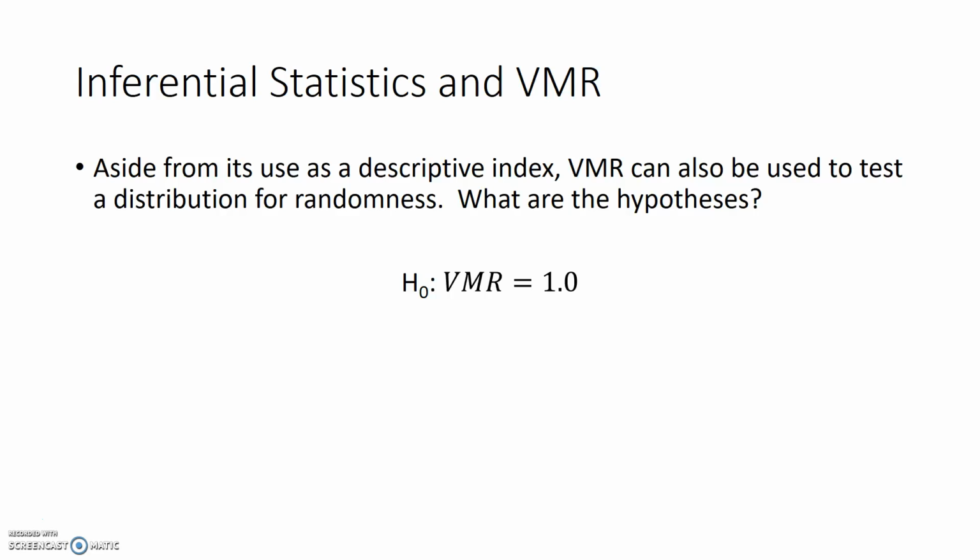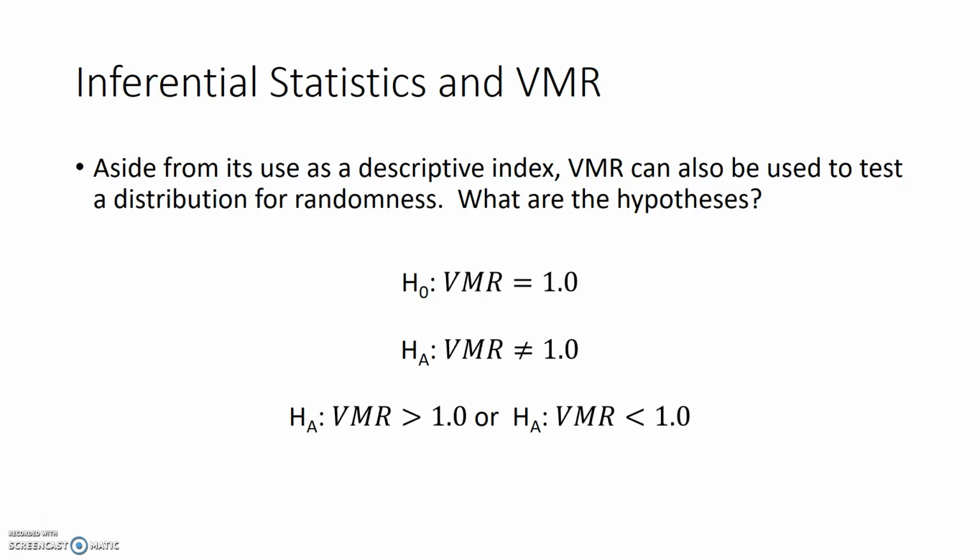In order to say it's a non-random distribution, we substitute in one of our alternate hypotheses. Either that our VMR is not equal to 1, meaning that we don't know whether it's going to be more clustered or more dispersed, or maybe we go with one of those two: it's more dispersed, so having a VMR less than 1, or more clustered, where we have a VMR greater than 1.